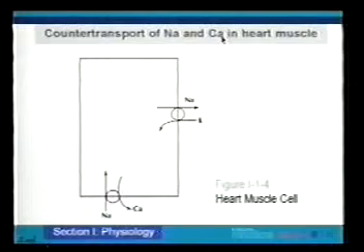This is another example of secondary active transport, and it will be powered by the sodium-potassium pump. But the membrane system here has completely different labeling. If this is a heart muscle cell, then the cell membrane, all sides, will have a sodium-potassium pump.